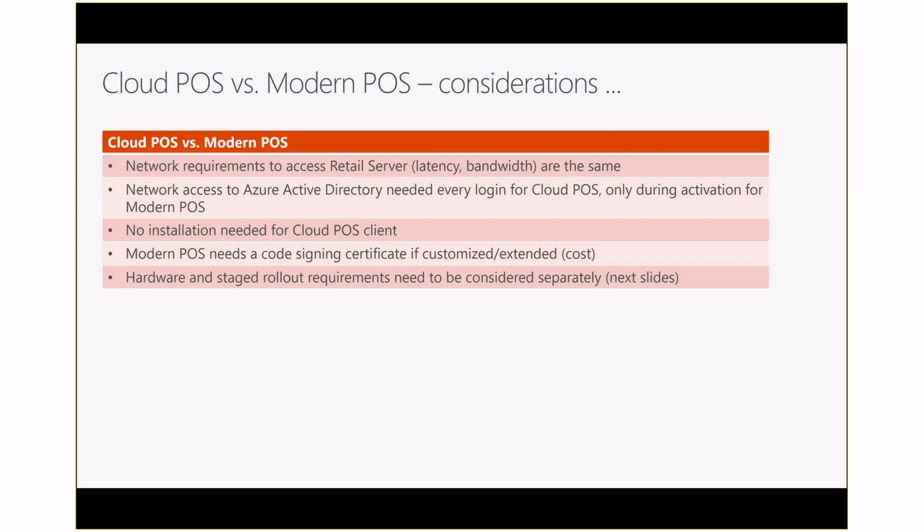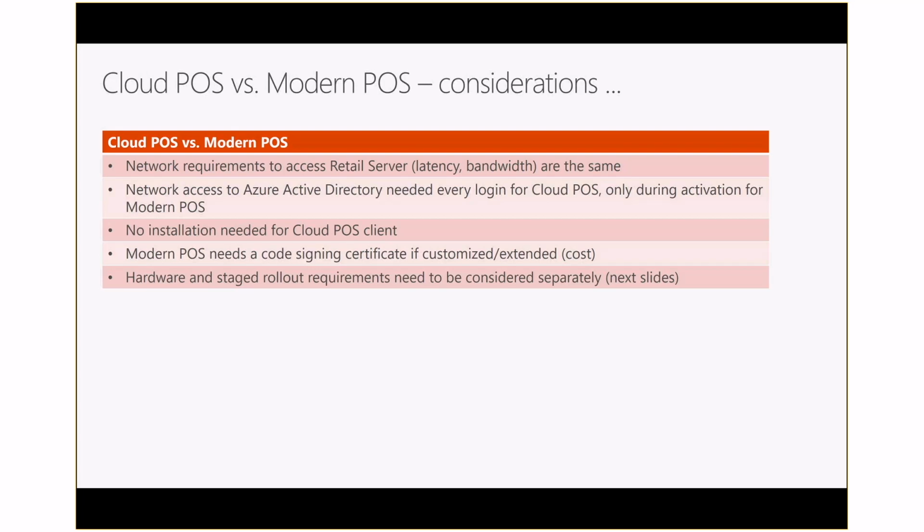Modern POS is a little different. Modern POS only needs access to Azure Active Directory during activation, and post-activation, we're actually using a device token, which is a secret that is communicated between the Modern POS and the retail server. So Azure access would not necessarily be required after the activation.